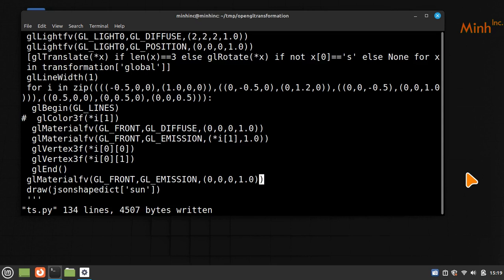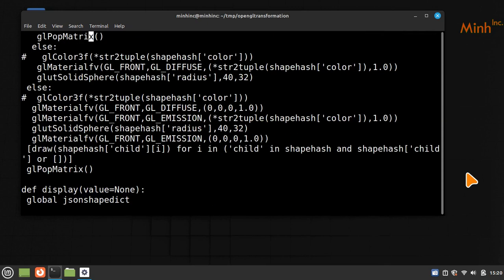Okay, so I think we are done. The line width is not showing very well, so we can make it 2 so it will be thicker, or we'll leave it as 1 only. So glMaterial diffuse, then material emission, and here we have set the same thing.